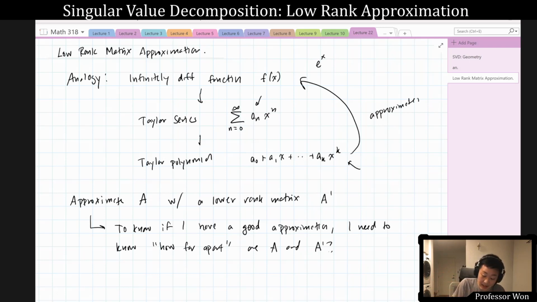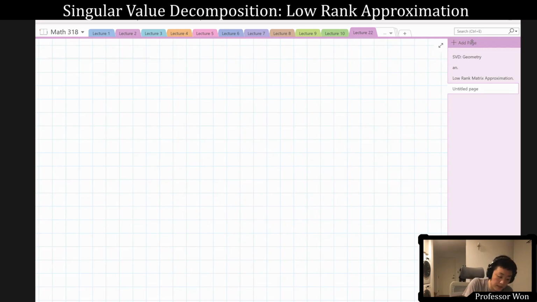Okay, so how far apart are two matrices? What I want is a notion of distance between matrices, which we sometimes call a norm. That's what I'm going to introduce right now. It's a very important norm, a very important notion of distance.